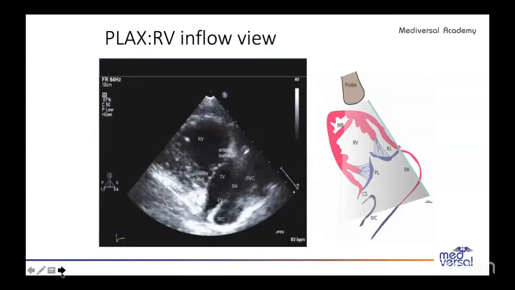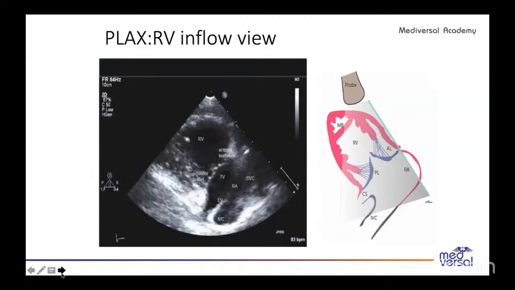You can see the tricuspid valve here, the RA, the anterior leaflet of the tricuspid valve, the posterior leaflet of the tricuspid valve, the RA, the RV. You can see the SVC here entering into the RA, and the IVC also. Okay, and all these vessels, you see in the RV inflow.